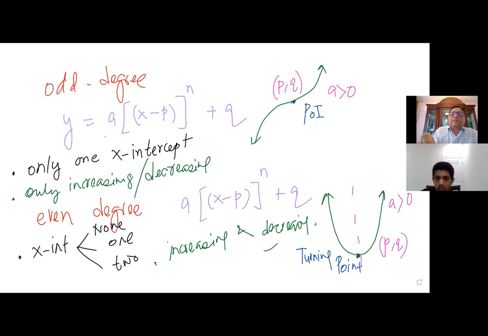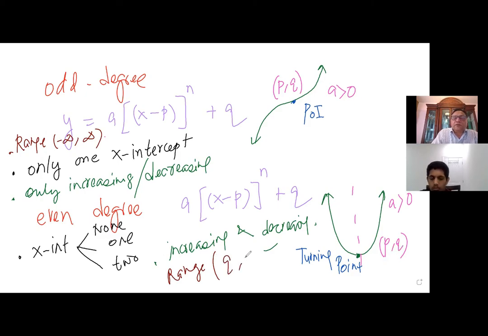And another key difference which we notice is the range. Here the range is from minus infinity to plus infinity. And in this case, if it is opening upwards, the range is basically from the lowest point, which is q, to infinity, where q is included.